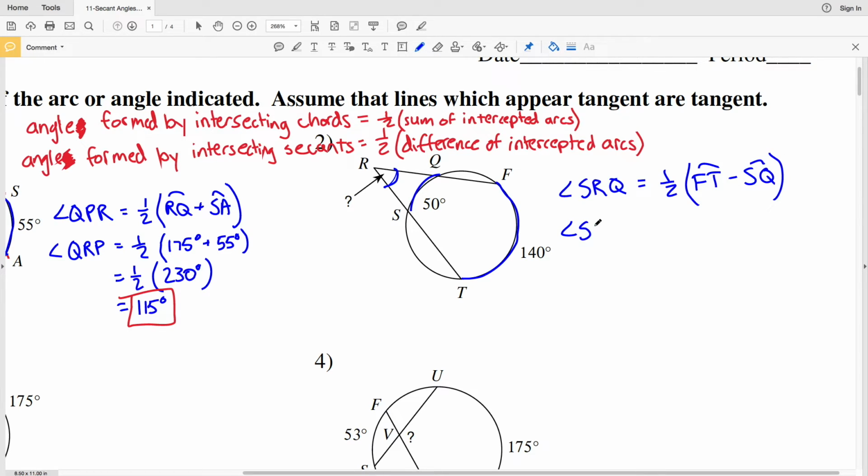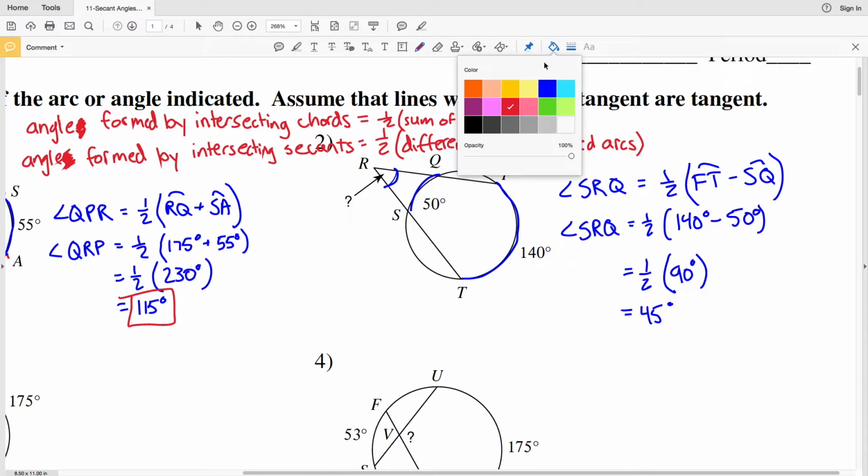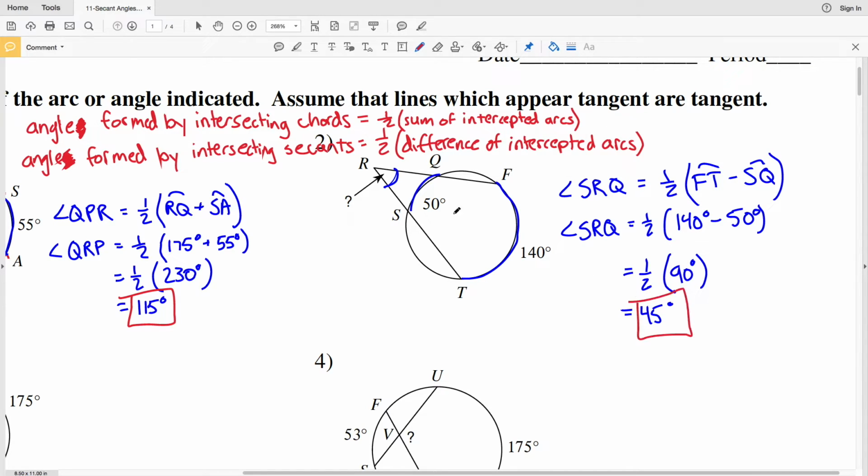So angle SRQ is going to equal half of 140 minus 50 degrees. So 1/2 of 140 minus 50 is 1/2 of 90 degrees. And half of 90 degrees is 45 degrees. So in number 2, our indicated angle has a measure of 45 degrees.